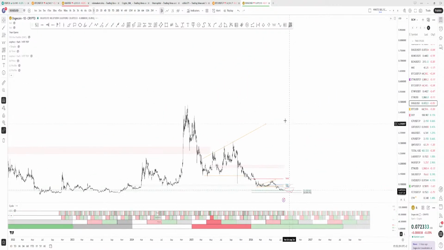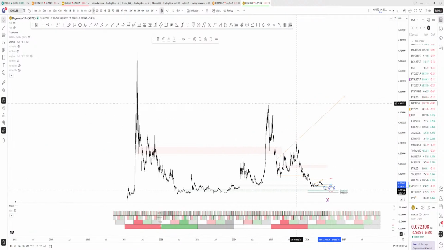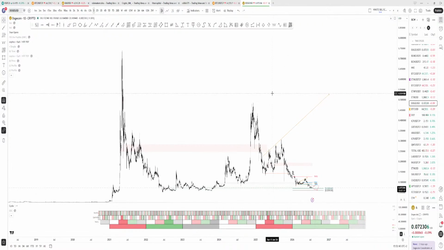So target of Doge would be, as of now, about 0.5.